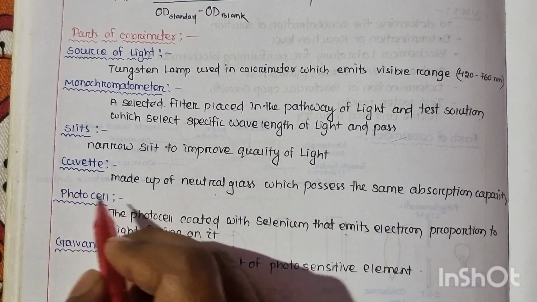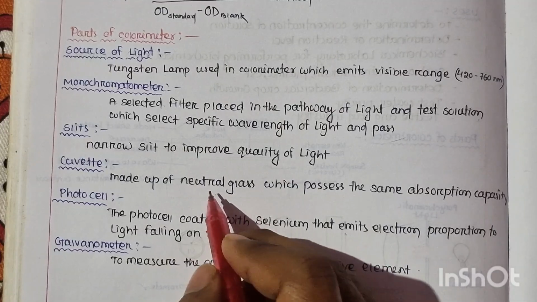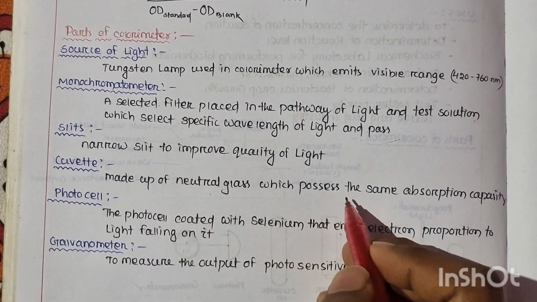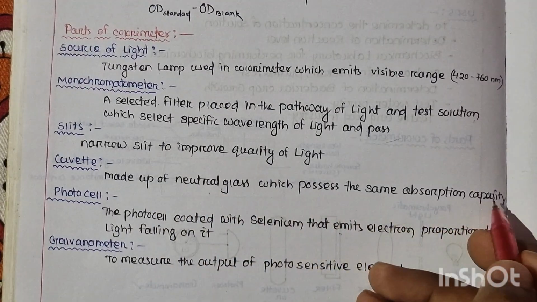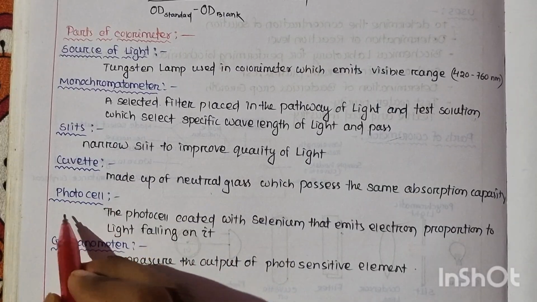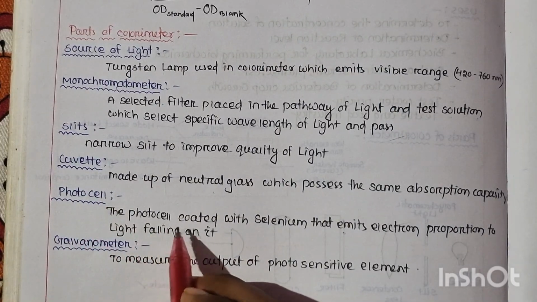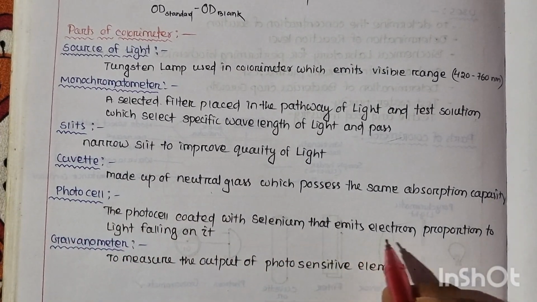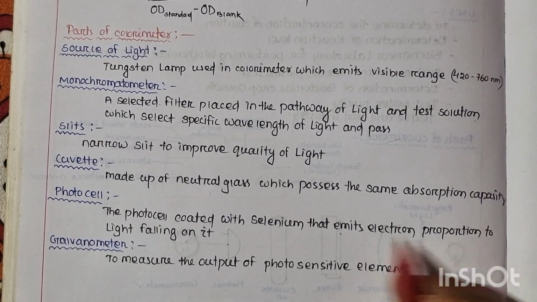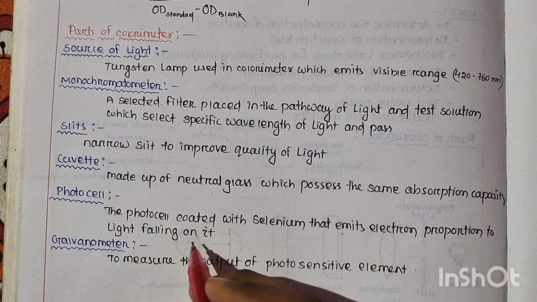Then the cuvette, made up of neutral glass, which has the same absorption capacity. Then the photocell, coated with selenium, which emits electrons in proportion to the light falling on it.